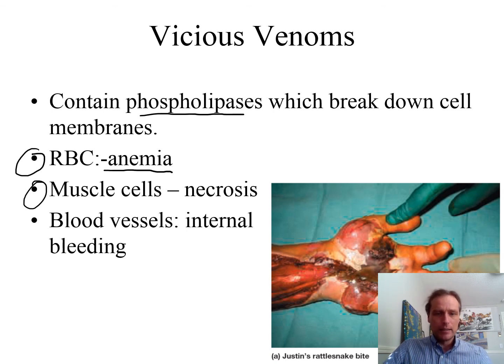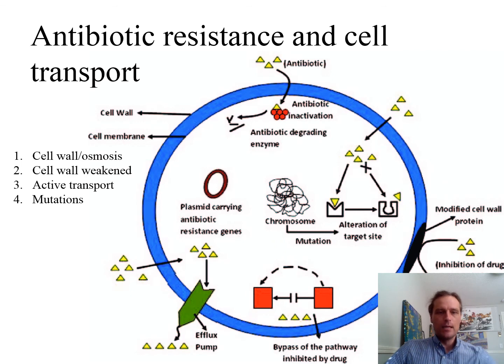It's not pretty. Last one, blood vessels. If blood vessels, meaning the veins and arteries of the body, have their walls broken down, that can lead to internal bleeding. So some of these venoms, snakes, spiders, it is really nasty to deal with. Just about to the end here.